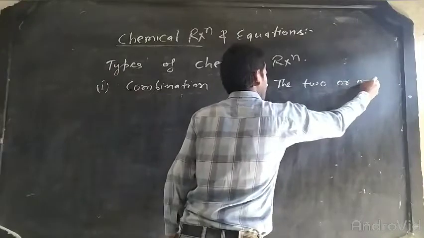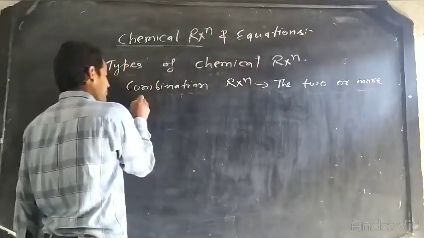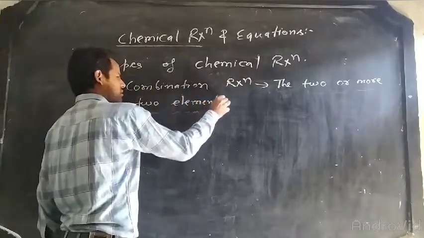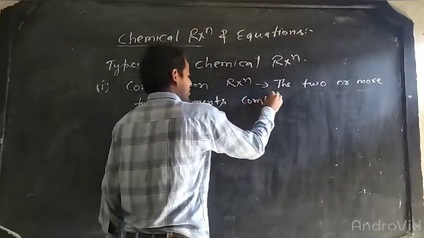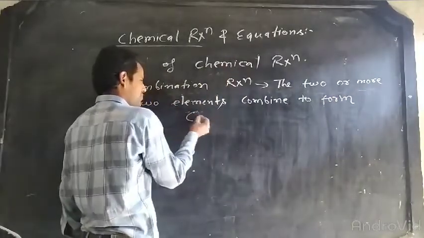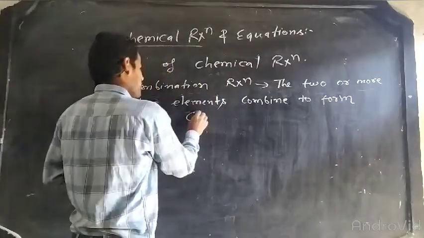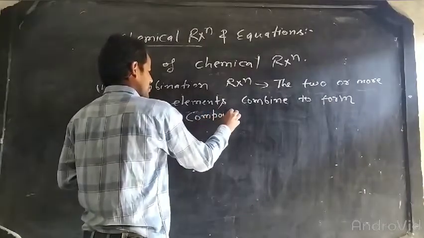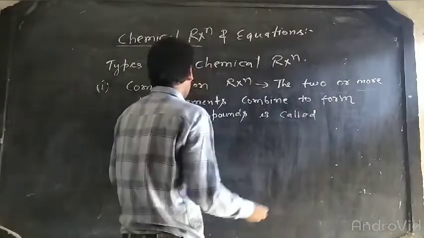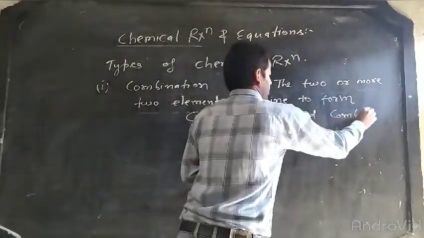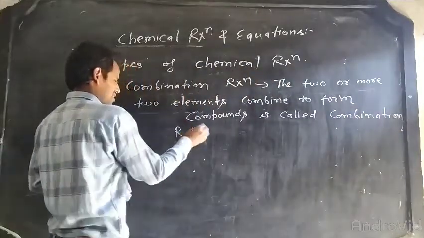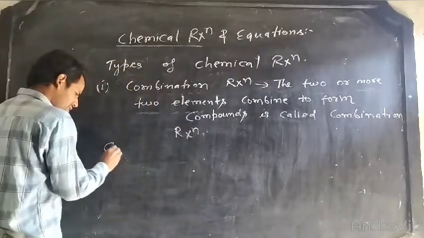Two or more elements combining to form a compound is called a combination reaction.